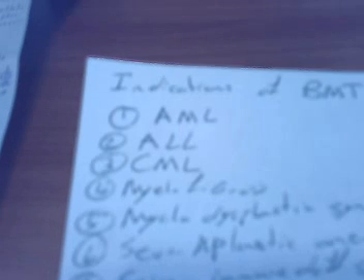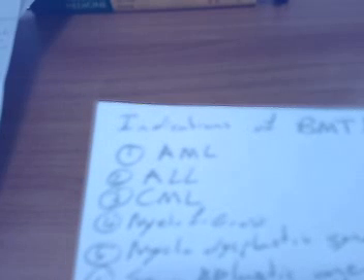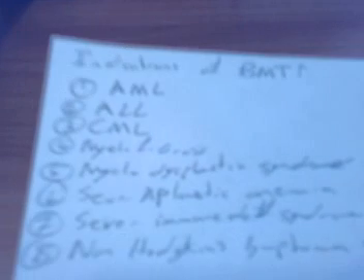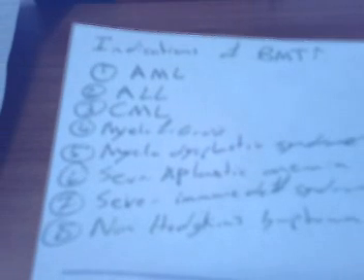So again, the main ones are acute myeloid leukemia, acute lymphocytic leukemia, and chronic myeloid leukemia. You can see that chronic lymphocytic leukemia is not present here. Others include myelofibrosis, myelodysplastic syndromes, severe aplastic anemia, severe immunodeficiency syndrome, and non-Hodgkin's lymphoma.